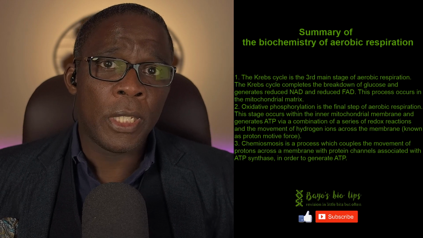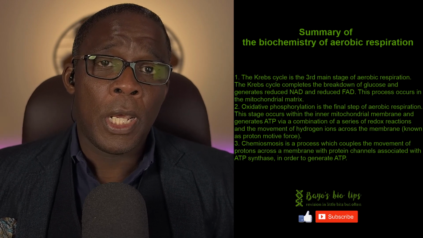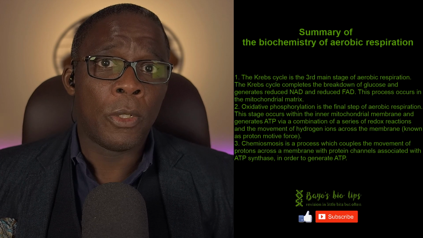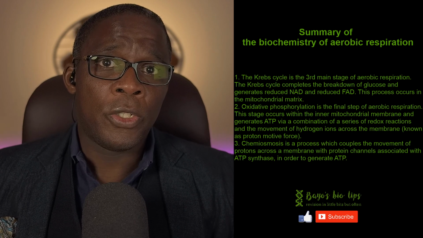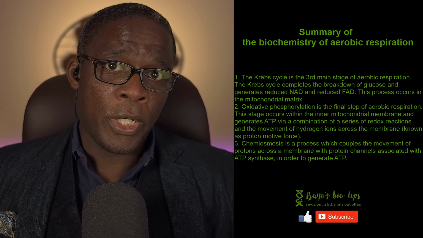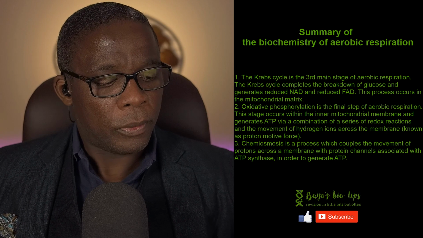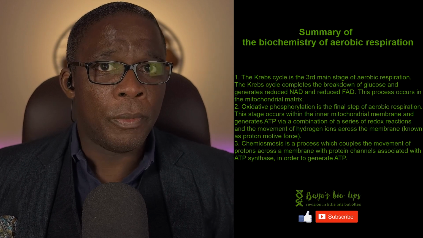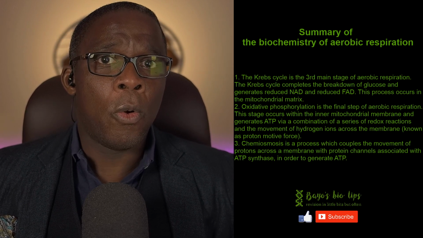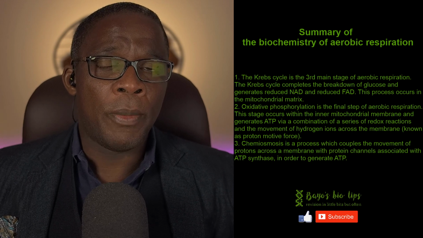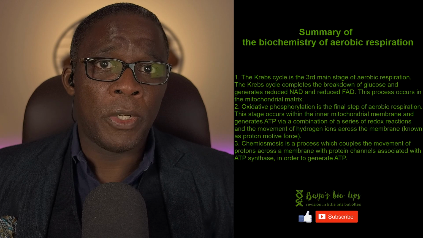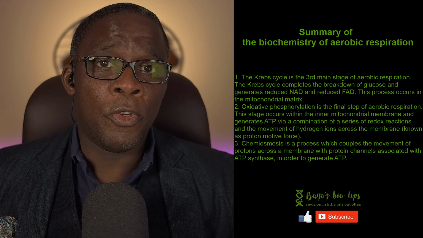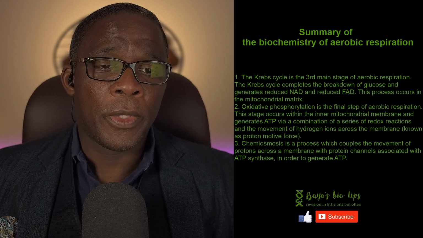The next step is oxidative phosphorylation, and we tend to couple that with something called chemiosmosis, which we'll talk about in the future. In oxidative phosphorylation, you've got a series of redox reactions, which basically cause the generation of ATP from ADP due to energy being released as electrons are moved between electron carriers.